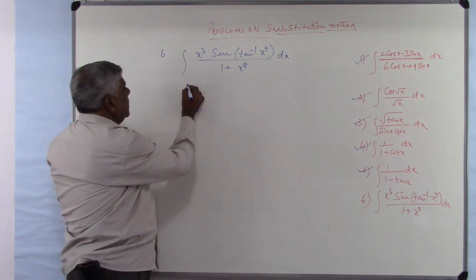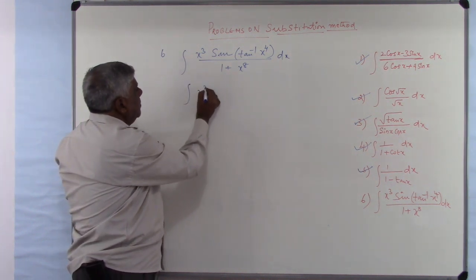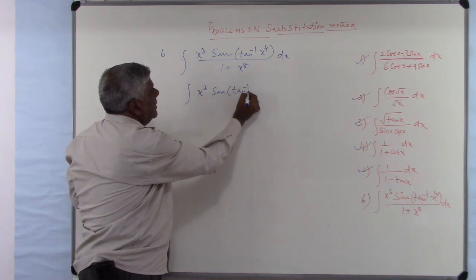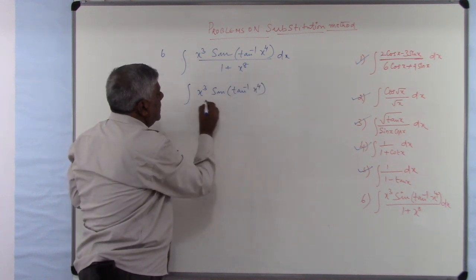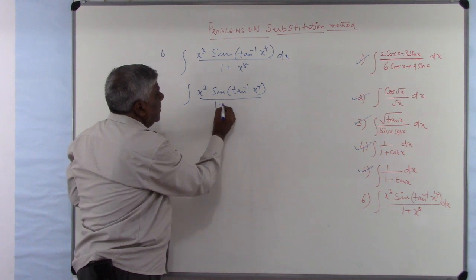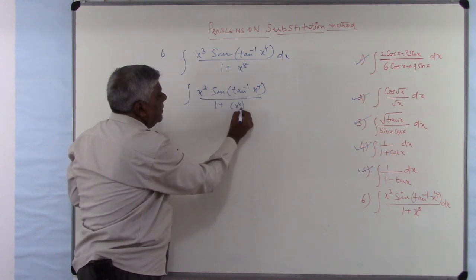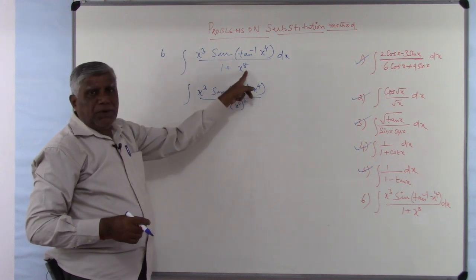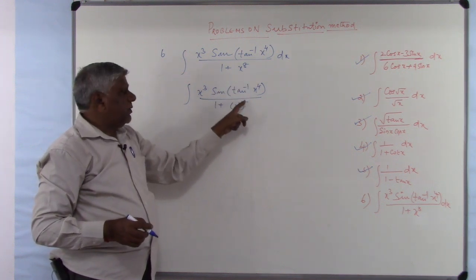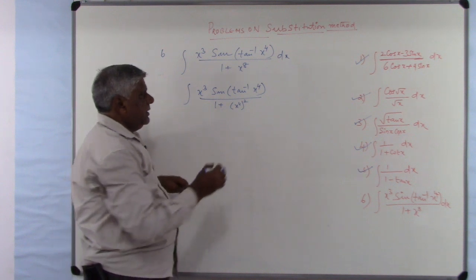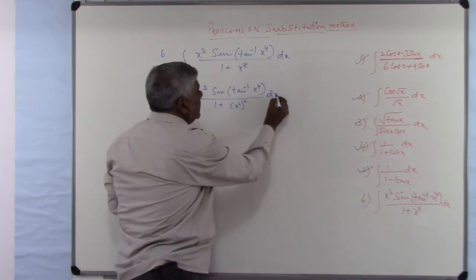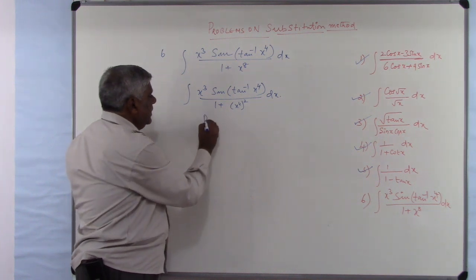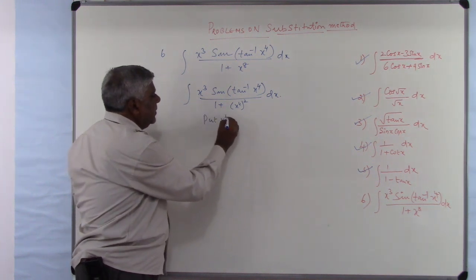Now with this I am going to write like this: x cube sine of tan inverse x to the power of 4 divided by (1 plus x to the power of 4) whole square. Is it okay? x to the power of 8 can be written as (x to the power of 4) whole square, into dx. Now I am going to put x to the power of 4 equal to t.